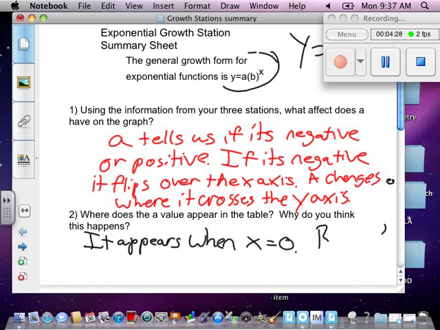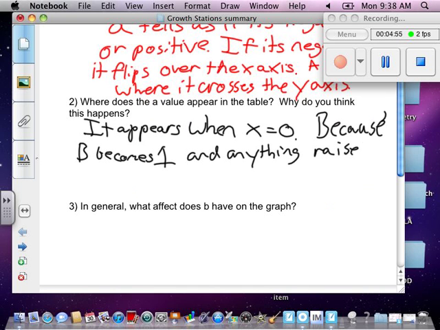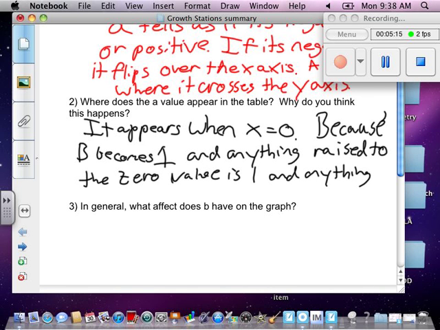So because b becomes 1, and anything raised to the 0 value is 1, and anything times 1 is itself.